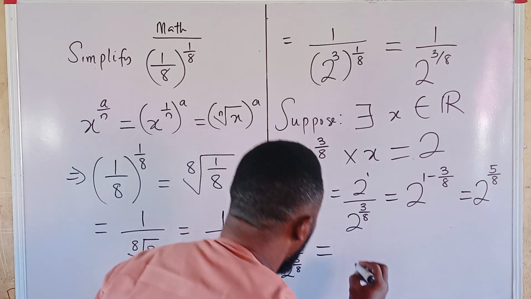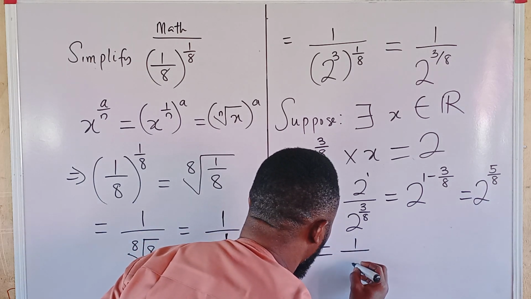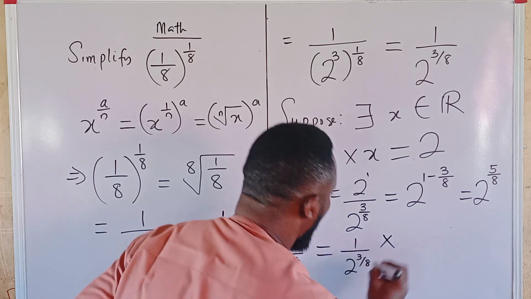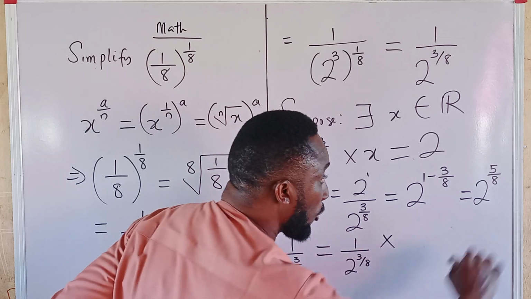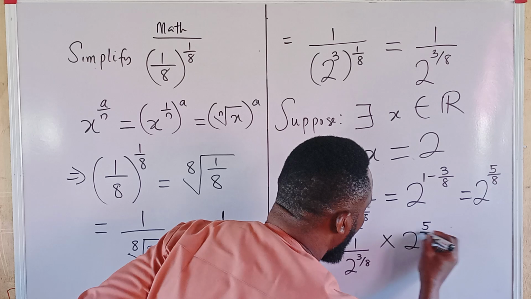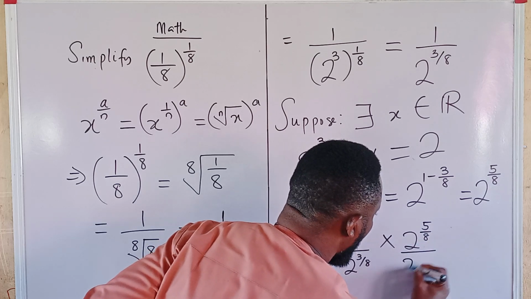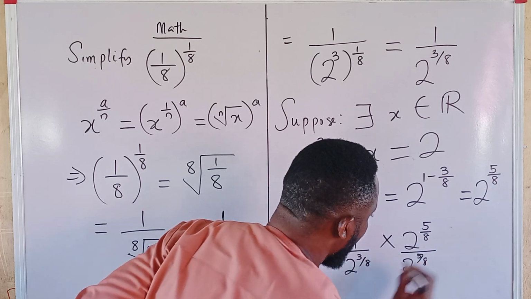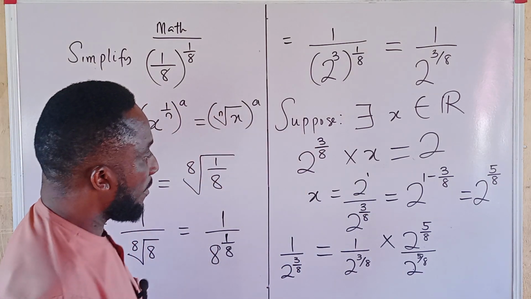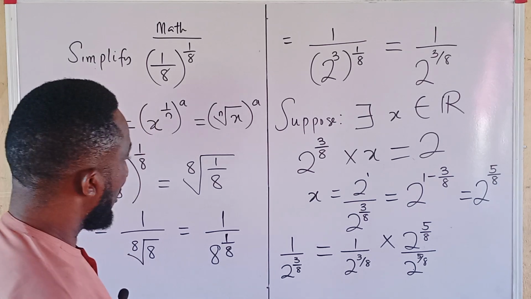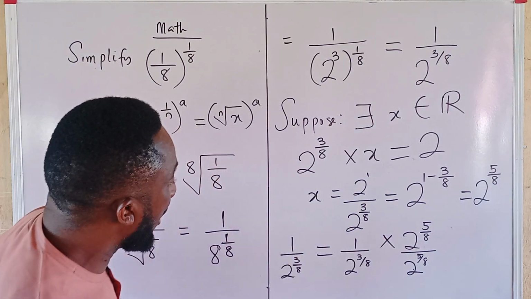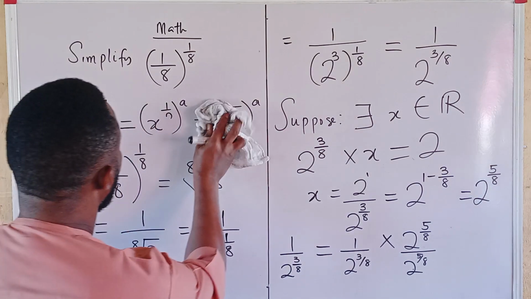I will multiply the numerator and denominator by this factor, 2 to the power of 5 upon 8. So guys, on the numerator, there is no issue at all because we have 1 and we have that exponent, 2 to the power of 5 upon 8.